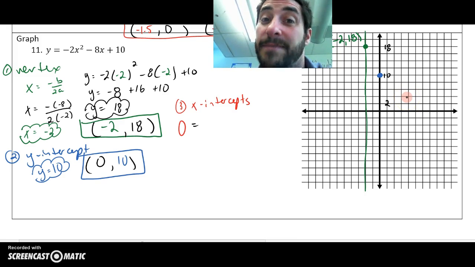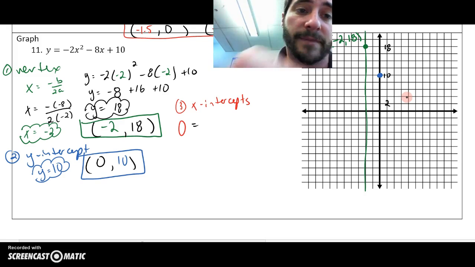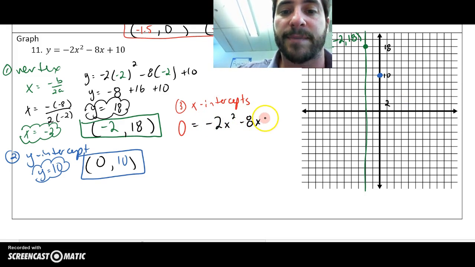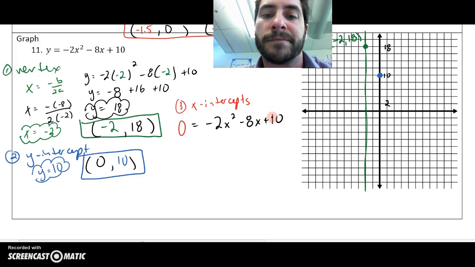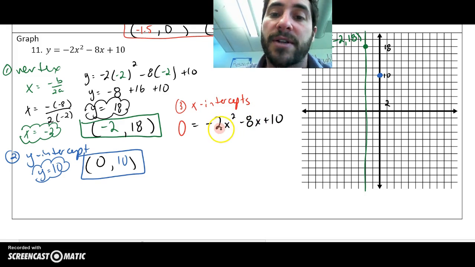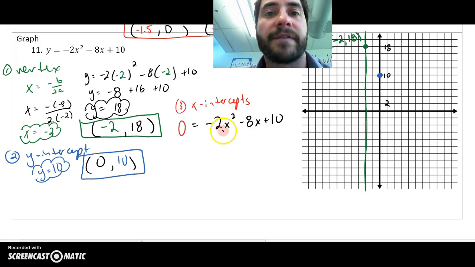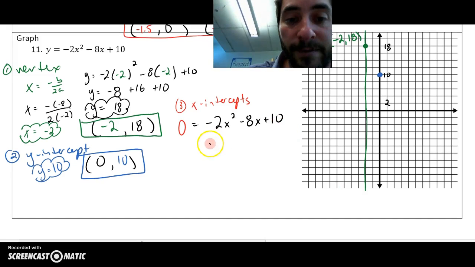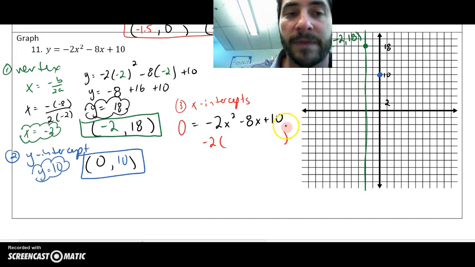Hope that makes sense. Negative 2x squared minus 8x plus 10. Let's try to factor, yeah? I don't want this term to be negative. It just makes factoring a whole heck of a lot more difficult. So let's pull out a negative. Even better, pull out a negative 2. We're going to be left with x squared plus 4x minus 5.